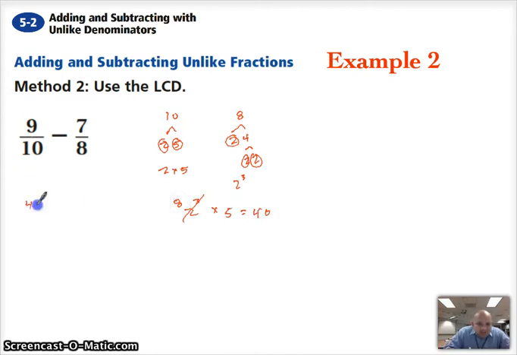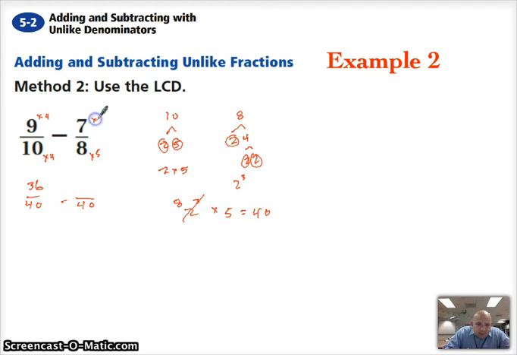So my denominator is going to be 40. I'm going to put them underneath a fraction bar with a subtraction sign. And now I'm going to ask myself, how did I get from 10 to 40? What did I multiply? Well, I multiplied by 4. So I'm going to multiply the top by 4. 9 times 4 is 36. What did I do to get 40 from the 8? Well, I multiplied by 5.